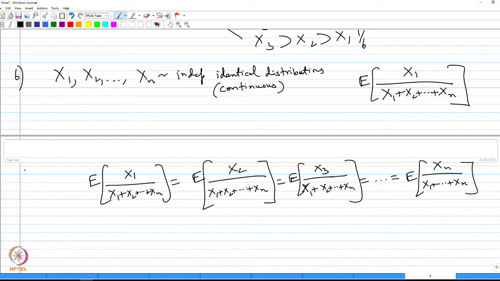Okay, so this comes from symmetry, which in turn comes from the independence and identical nature of the distributions. This is the first observation you make.